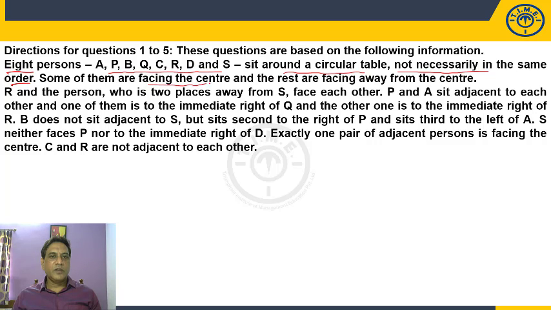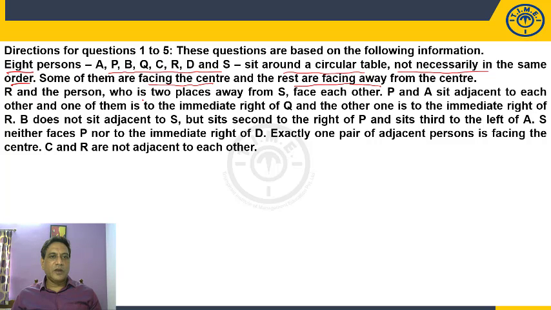Some of them are facing the center and the rest are facing away from the center. Now in this puzzle, we do not know how many are facing the center and how many are facing away from the center. So while building up the entire positions, we should also simultaneously find out who are all facing the center and who are all facing away from the center.